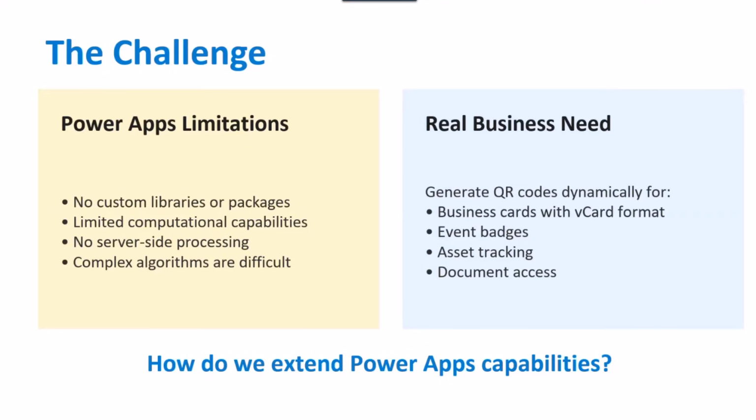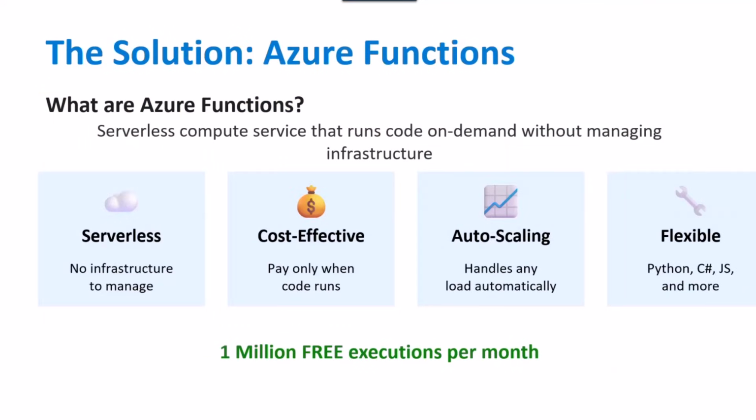So the solution is Azure Functions. So what is Azure Function, right? It is Microsoft's serverless compute service that runs code on demand without managing infrastructure. You do not have to worry about infrastructure. It's serverless. And the best part is it's extremely cost effective.